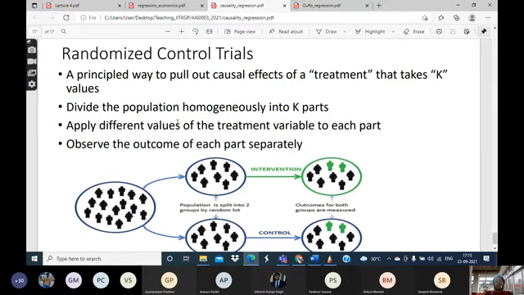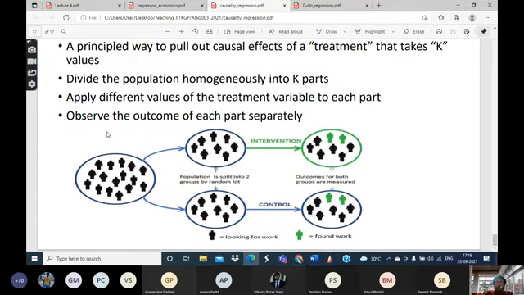Suppose I have a vaccine which claims to cure coronavirus. Then I want to test whether it actually works or not. So what will I do? What can be done is that the entire population is split into two random groups. So some people are here, some people are here.